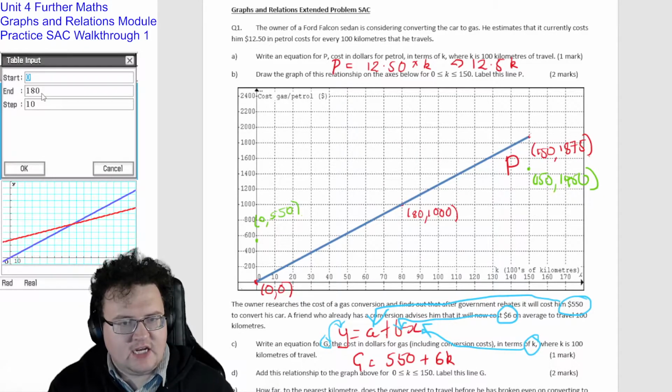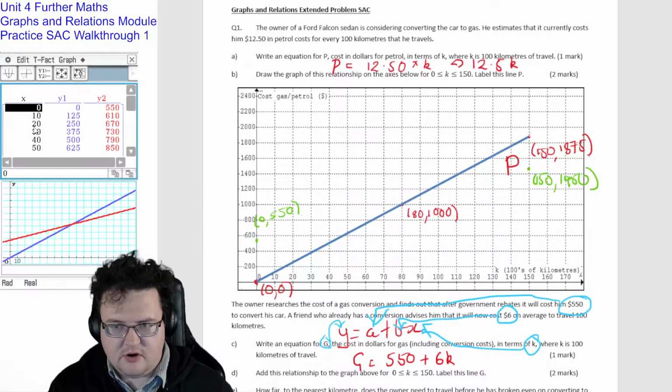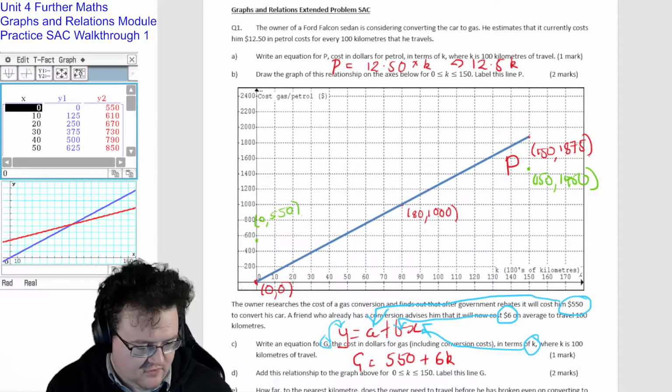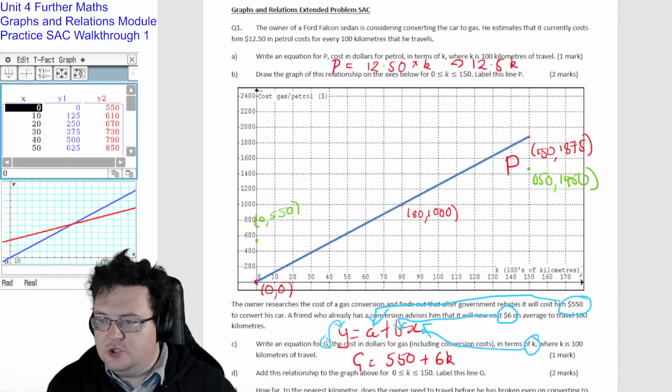Starts at 0, ends at 180. Steps of 10. That means X is 0, 10, 20. And I can go through here and find numbers that possibly line up perfectly. Now in this case, not so much. So we'll stick with the two values that we've got.